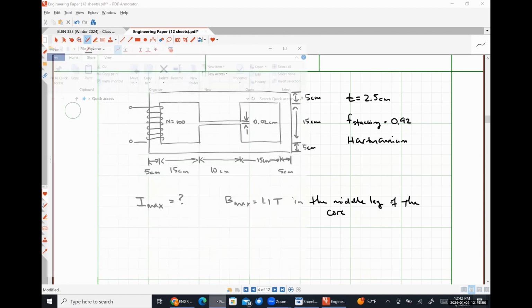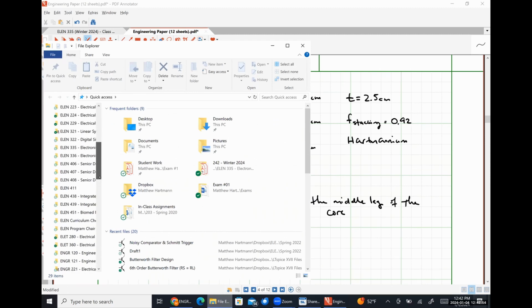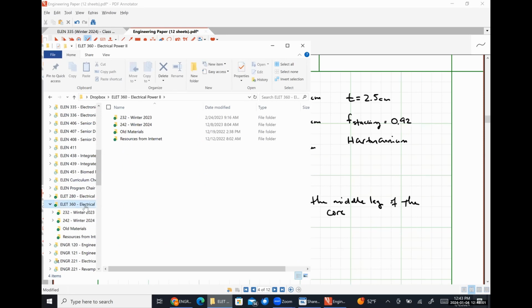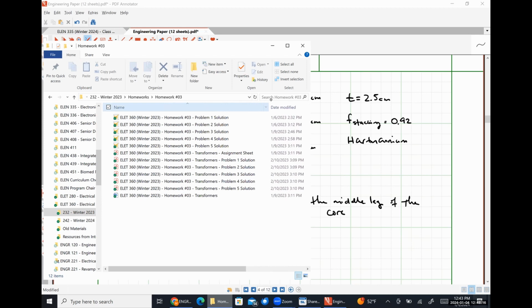All right, so the first thing that I'm going to do is pull up my table, which is going to take me a moment to find. Or it's not a table, it's a plot. I think it would have been here. Assignment sheet, nope, not that one.